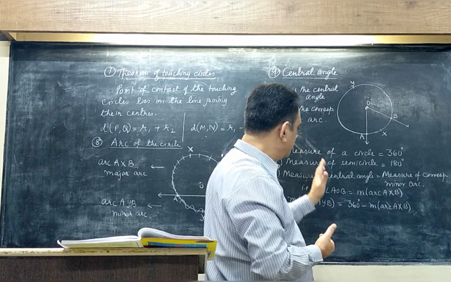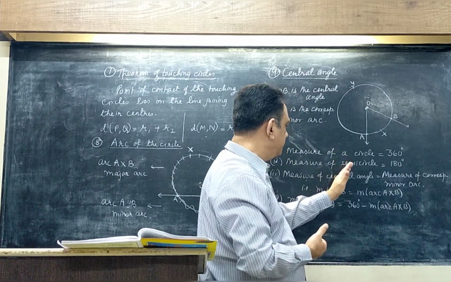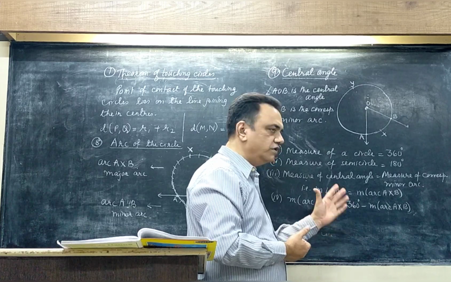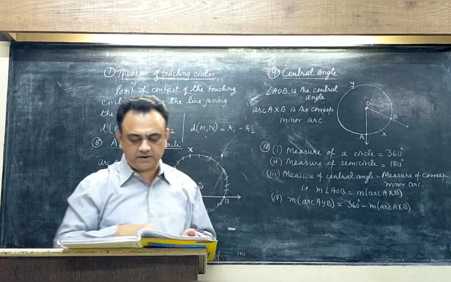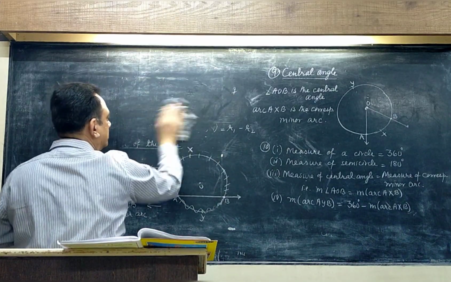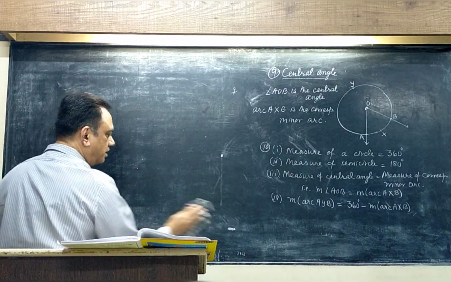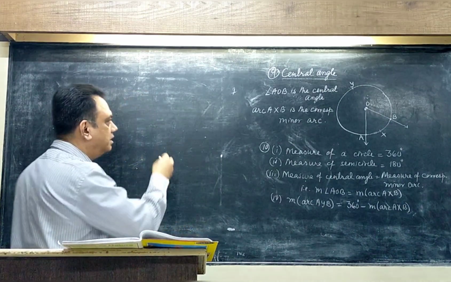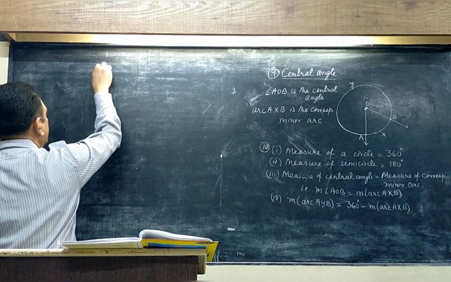So that is regarding the measure of the circle, semicircle, measure of the central angle, and the measure of the major arc. Next point. Point number 10 is over, 11 will go.